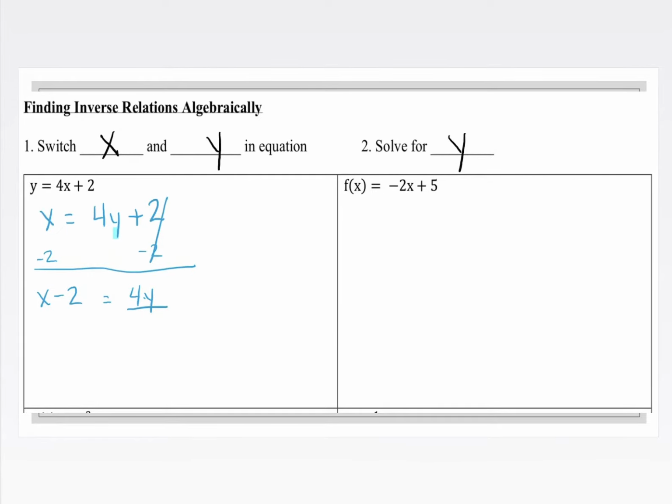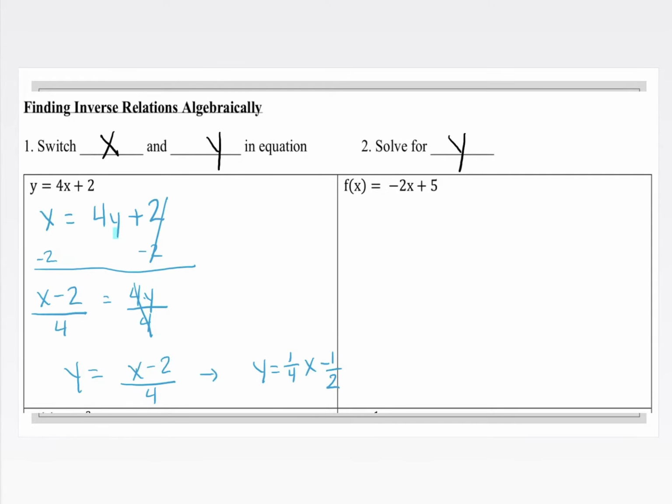We're going to divide both sides by 4, and our inverse is y equals x minus 2 divided by 4, or we can also rewrite that as y equals 1/4 x minus 2 divided by 4, which simplifies to 1/2.